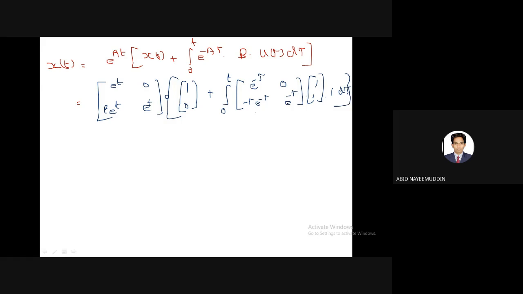Further, if you multiply these two, it is the same plus integration of 0 to t. If you multiply those two, you will get a single matrix. You have e power minus tau, and here you are going to get e power minus tau into 1 minus tau. Now apply integration for this one and do simple mathematics.